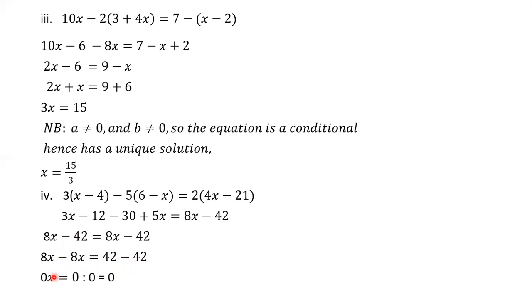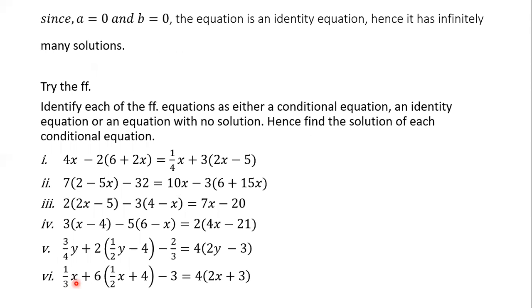So this one will give you 0x equal to 0. Therefore, we are having a situation where a equal to 0 and b is also equal to 0. Hence, the equation has infinitely many solutions. Good. So I've explained that one to you. And such an equation, we call it an identity equation.